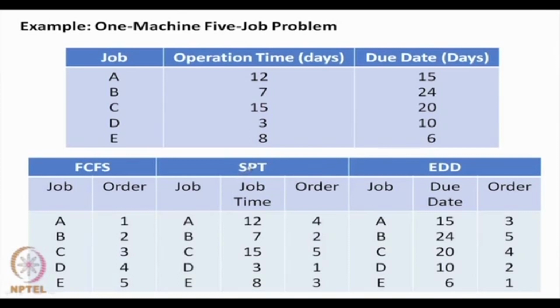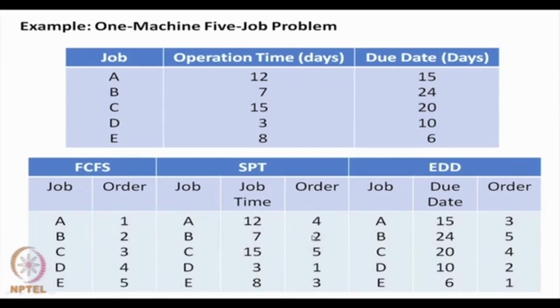If instead it is shortest processing time, then we write down the job times and the shortest is D. So, that is taken up first, that is order 1, first in the list or in the order. Then this 7 is just higher than this.